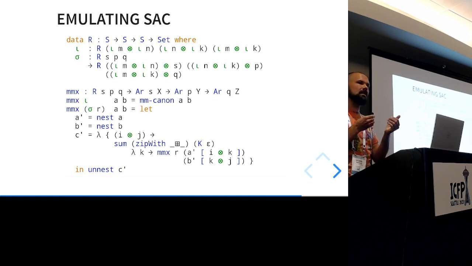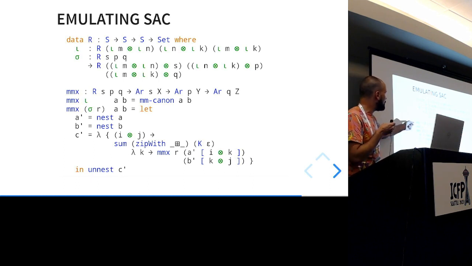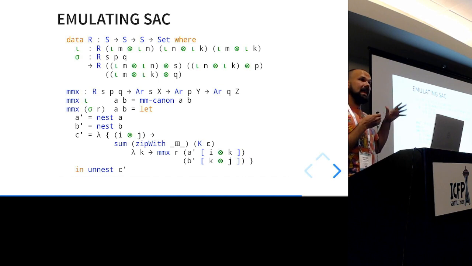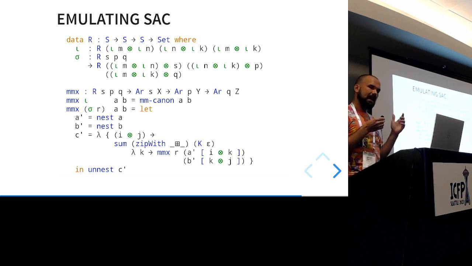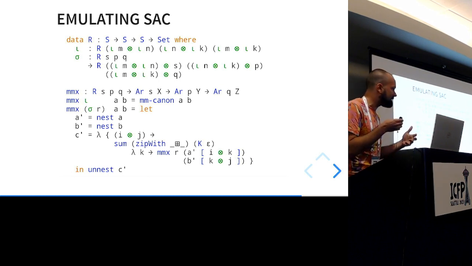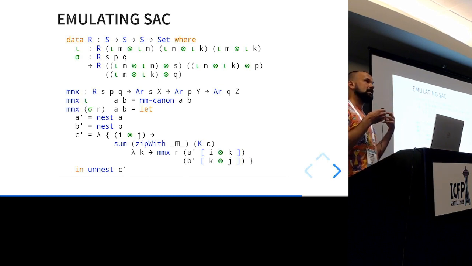The slides that Thomas showed before with the SAC version only had 2 recursive cases, right? But my version had 8. So what's the difference? The difference is that in SAC, shapes are more like lists rather than trees. Therefore, it's very easy to make the shape recursion go left to right or right to left, right?